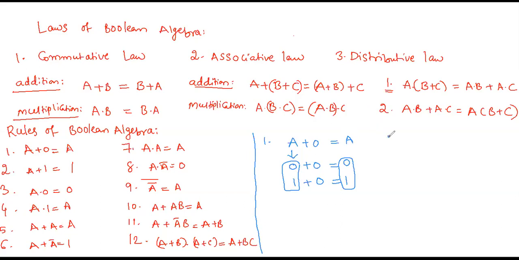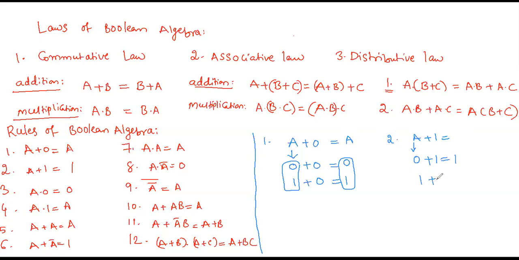Second, A plus 1 is equal to 1. Now we need to prove this one. First, a variable will take either 0 or 1. First we will go with 0. 0 plus 1, Boolean addition will give 1 only.